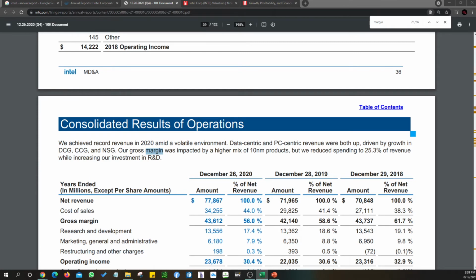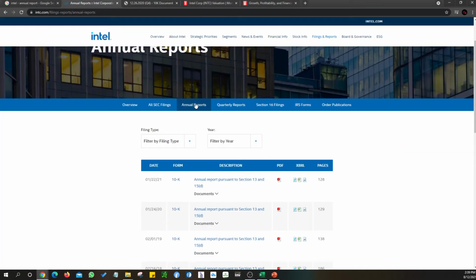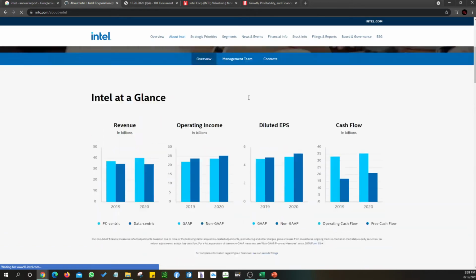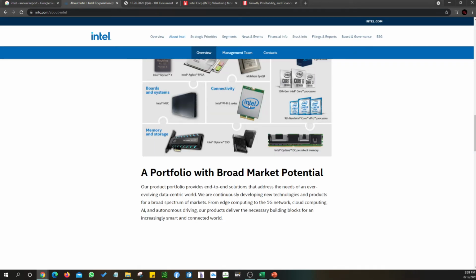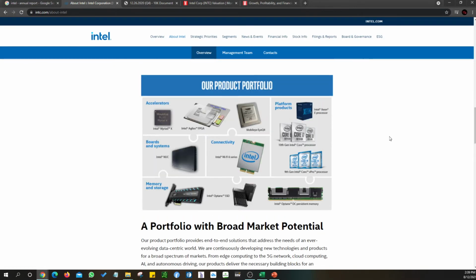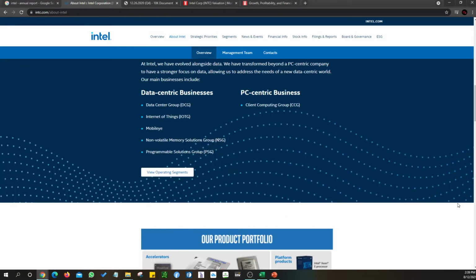Switching costs. All right. This is where I would like to bring you back to this part of it. Let's look at their revenue. Where was it that we saw about their revenue?